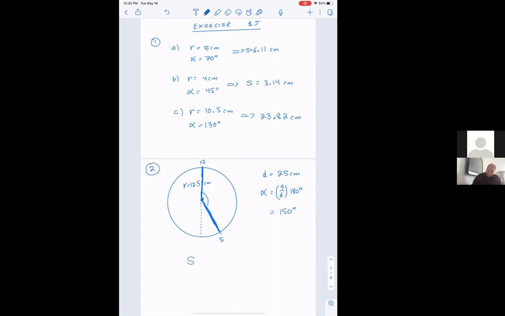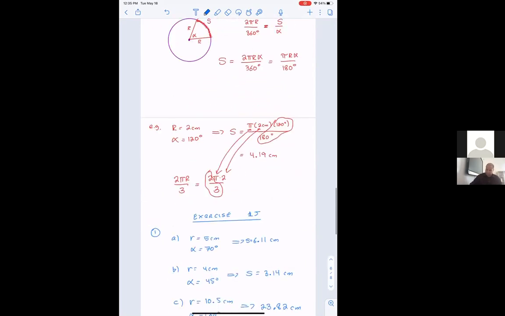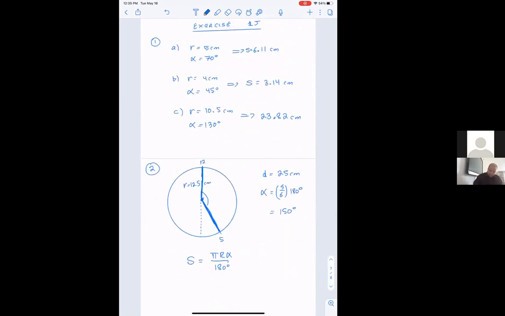So what is the arc? S equals pi r alpha over 180 degrees. Pi times 12.5 times 150 divided by 180.